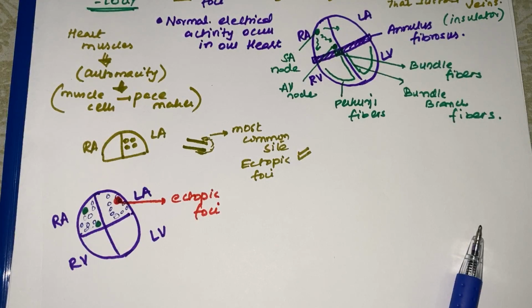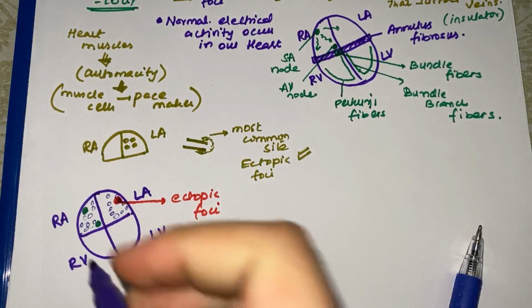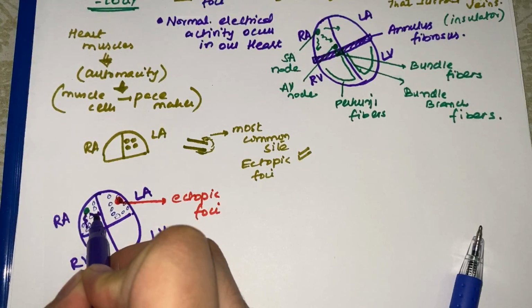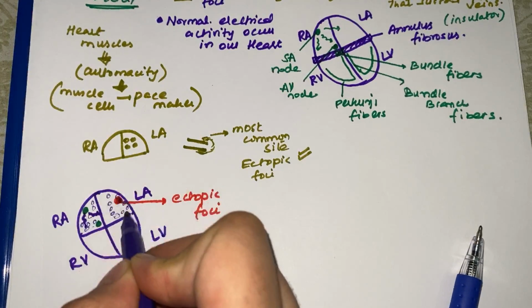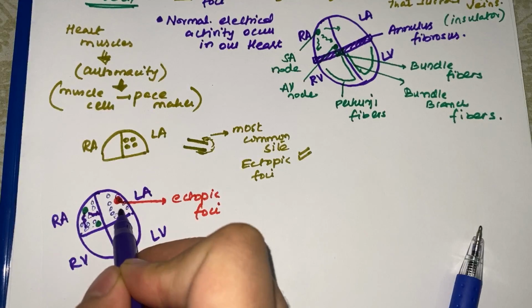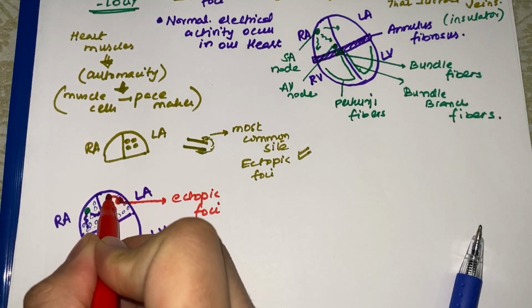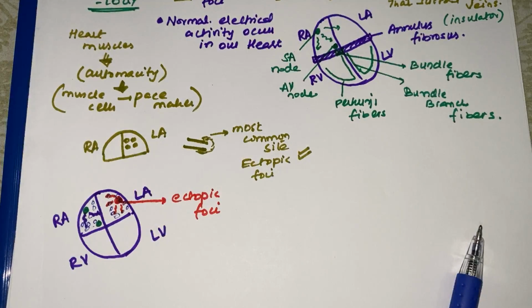Originally it only generates from the SA node. These are the impulses, and this SA node will depolarize all of the atria, which is our normal basic concept. But in this case, impulses are now being generated from the SA node, plus this ectopic foci is also generating impulses.